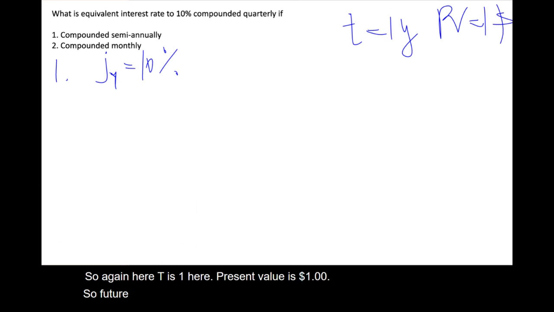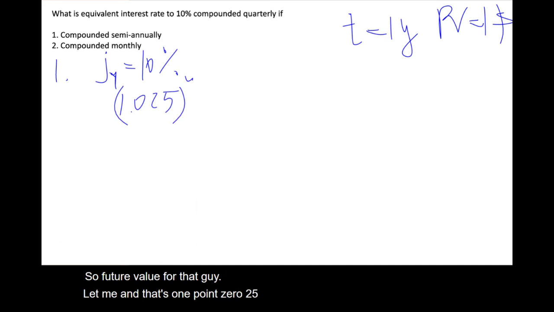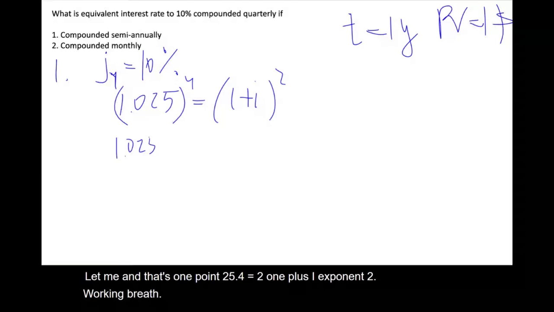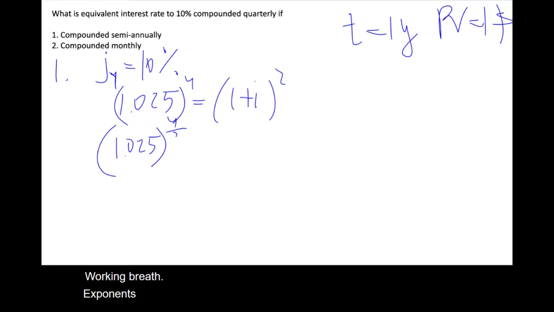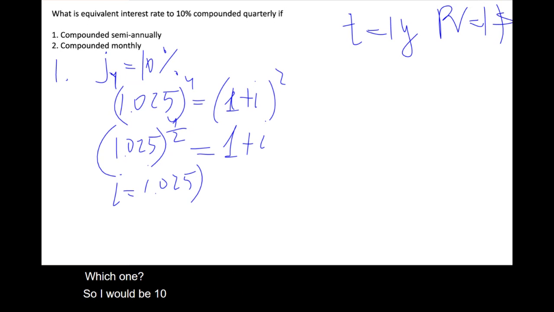So the future value is 1.025 exponent 4, equals 1 plus i exponent 2. Now working with exponents, 4/2 equals 1 plus i, so i would be 1.025 squared minus 1.